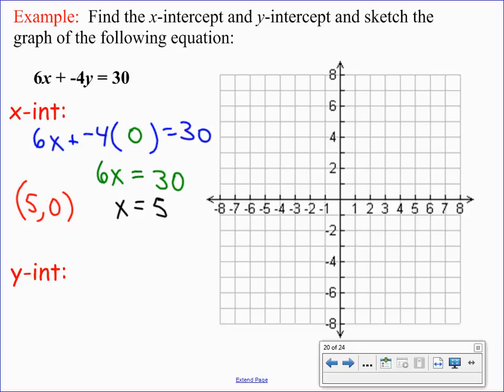Next, the y-intercept. Rewrite the original equation, but now put 0 in for x and solve for y.